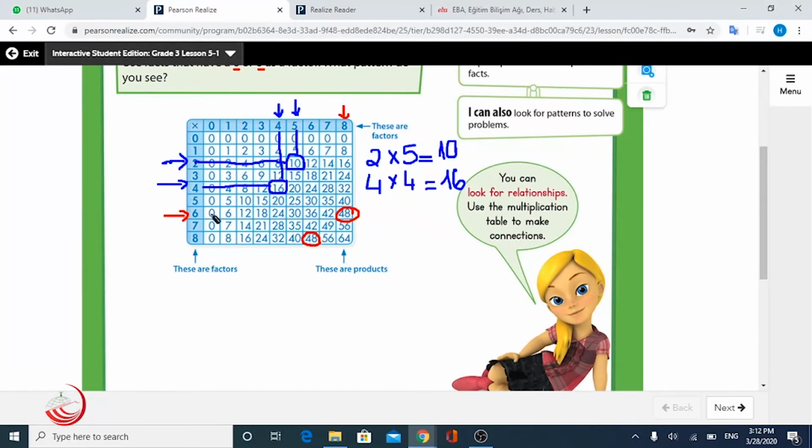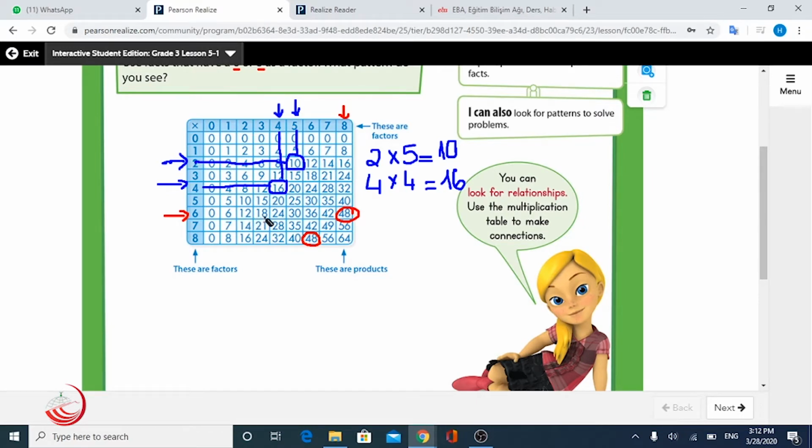So I will look here. Would 0 and 6 give me 48? Never. Would 6 and 12, if I add them together, give me 48? No, they will give me 18. So this is not a suitable answer.